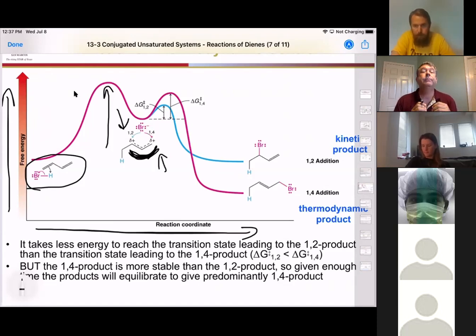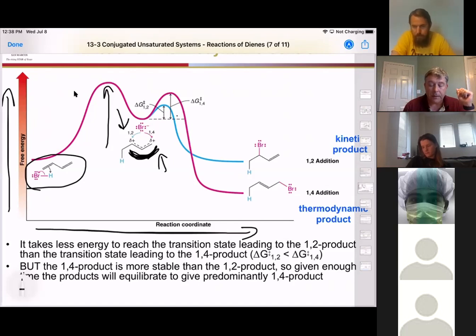Because the bromine is right next to where that carbocation is, we have a lower activation energy for the bromine to attack at the number 2 carbon. But it takes slightly more energy for the bromine to wait and move over to attack at the 1,4.